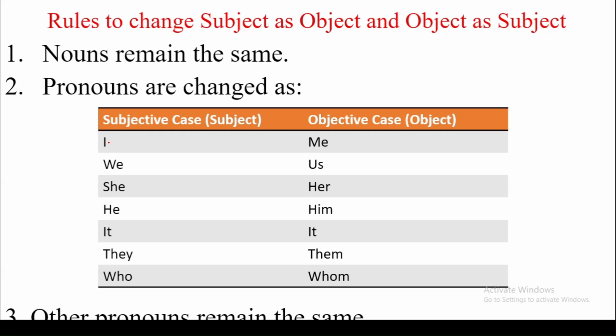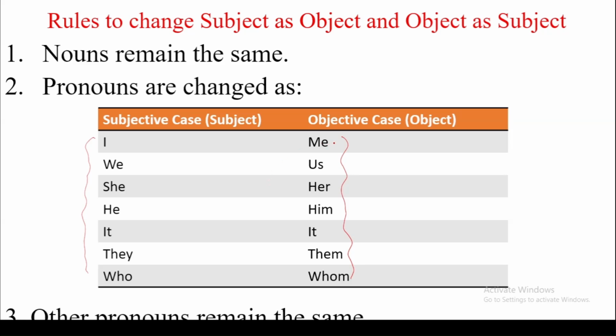If we have to change these pronouns as subject or object, we have to take care of subjective and objective case.